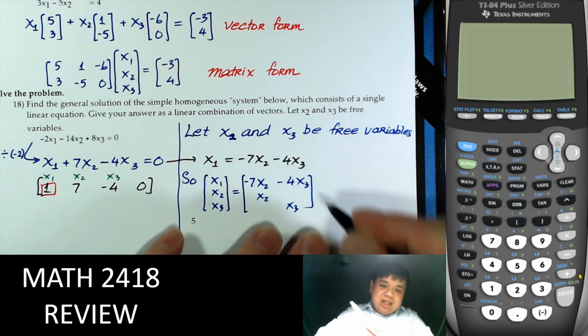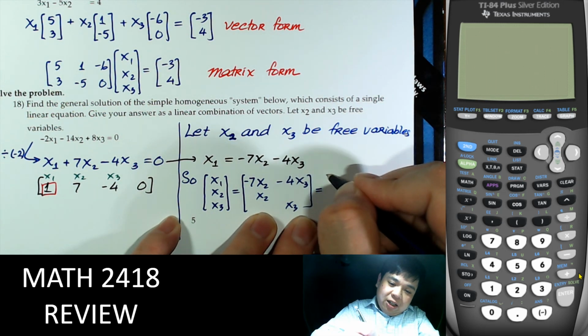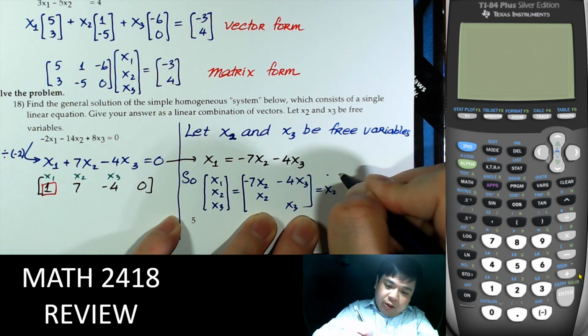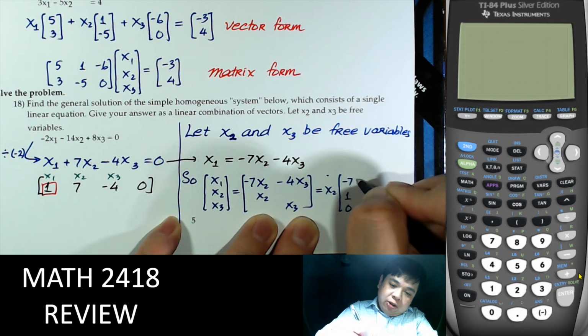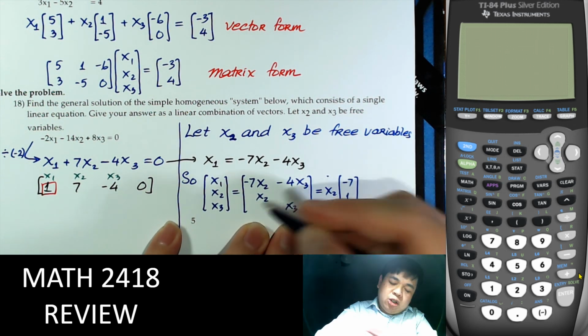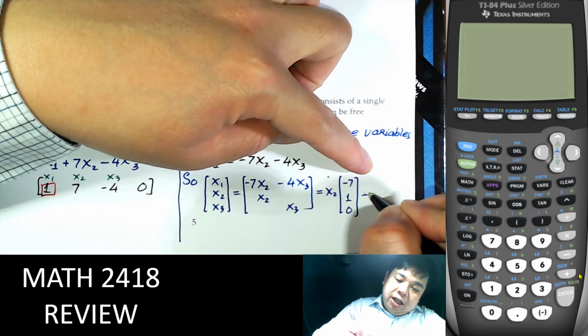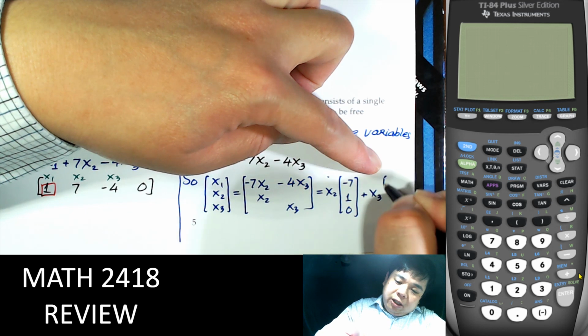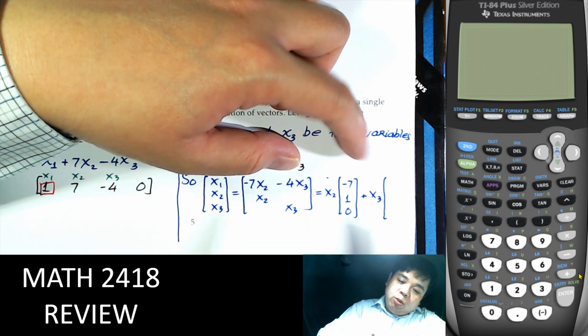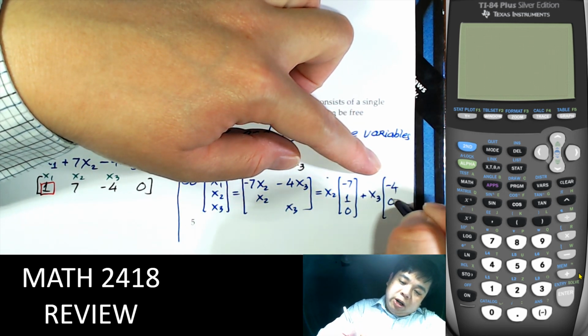Now we can split this matrix and factor out x2. The first column will be -7, 1, and 0, because there's no x3 here, and then factor out x3, this column will have -4, 0, and 1.